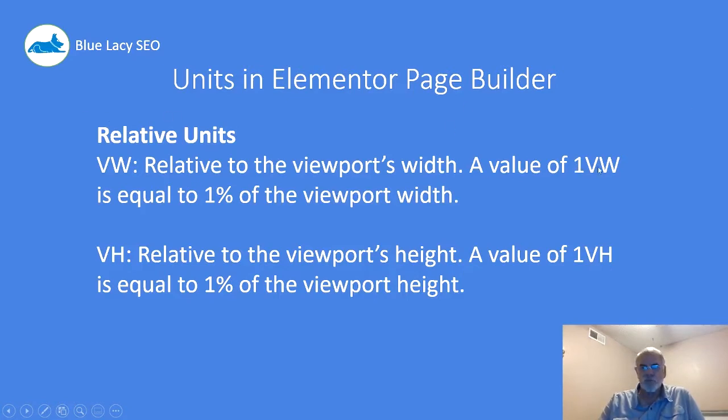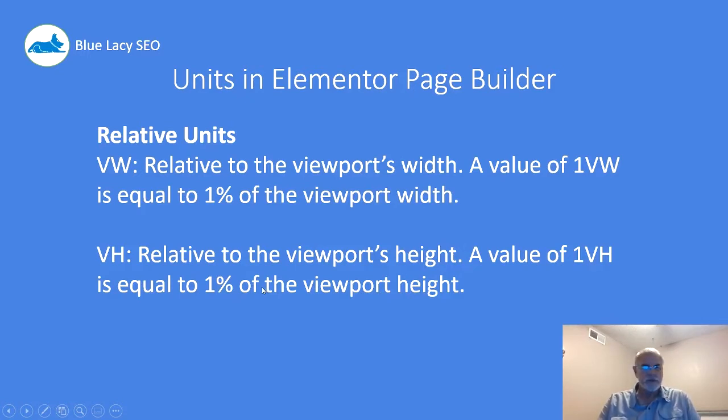A value of 1 VW is equal to 1% of the viewport's width, so that can go from 1 to 100. 50 would be 50% of the viewport's width, whatever that is. Then we have a selection called VH. That's relative to the viewport's height. Again, a value of 1 VH is equal to 1% of the viewport's height. 100 would be 100% of the viewport's height, whatever that is.